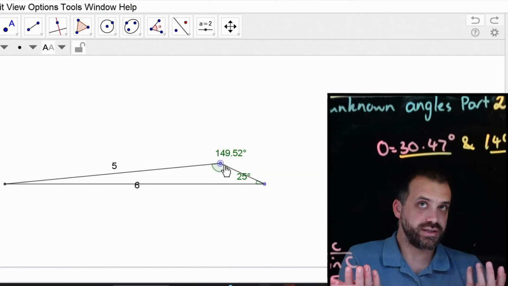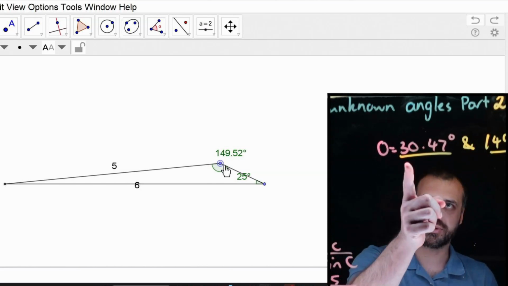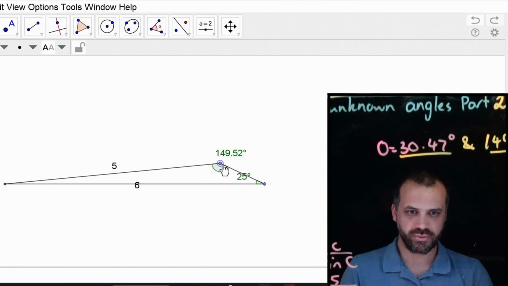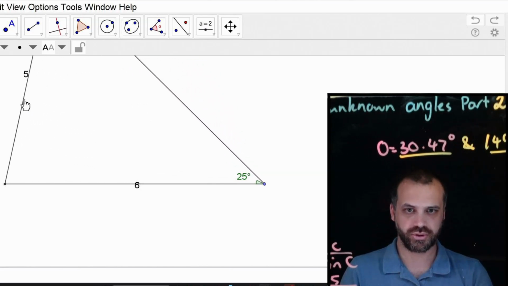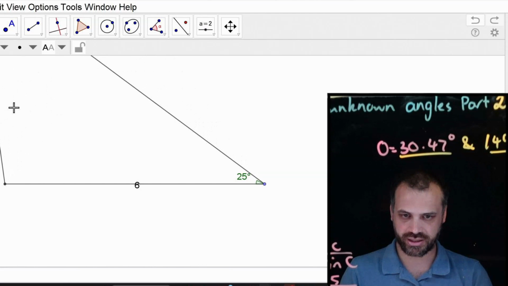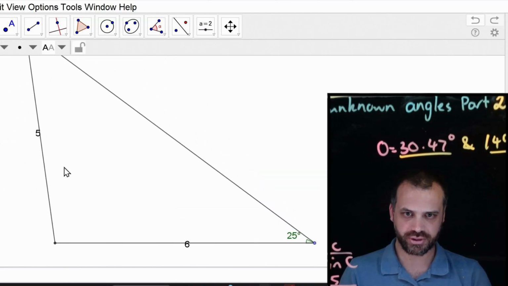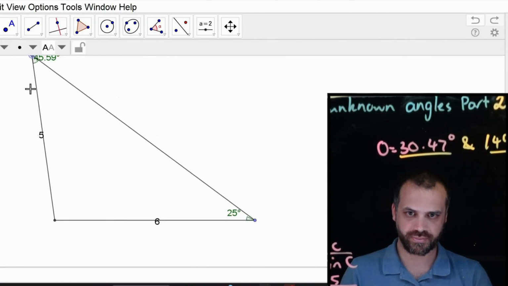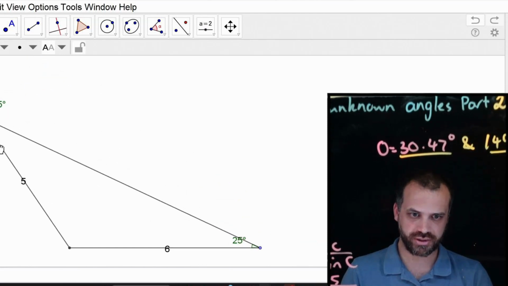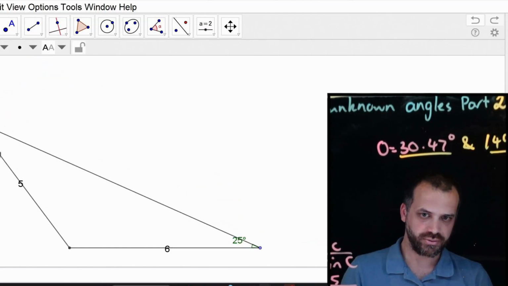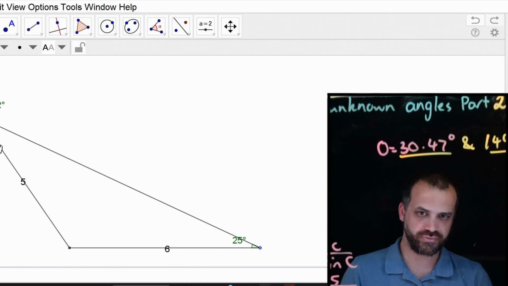Where's the other answer? The other answer we had was 30.47. Well, watch this. Whoa, it never looks like we're going to end up back there. But look, zoom out a little bit. Rotate, come on. 30.47. Yeah, about that.